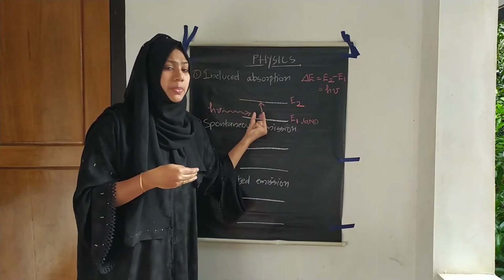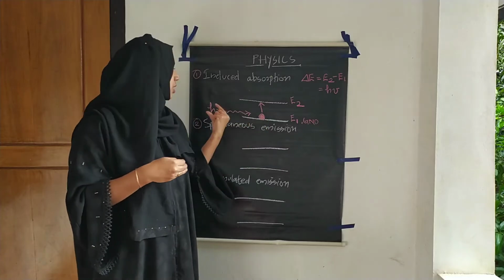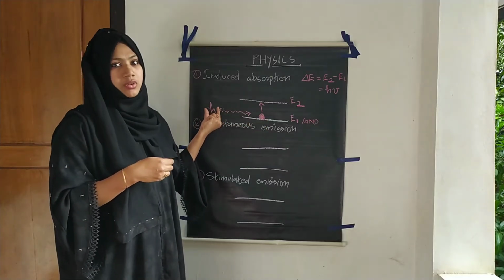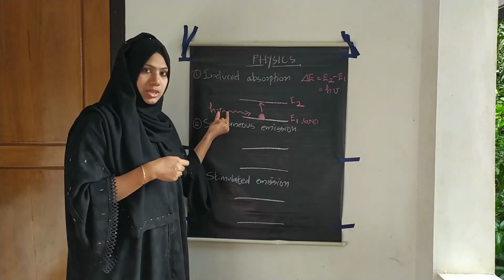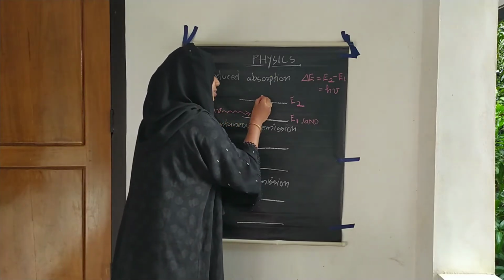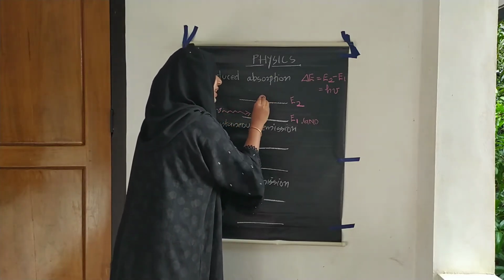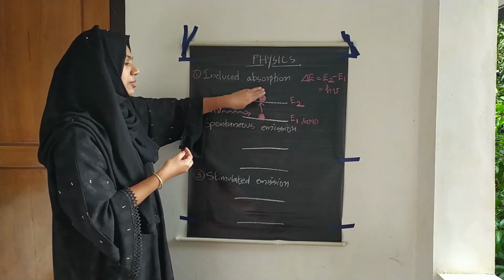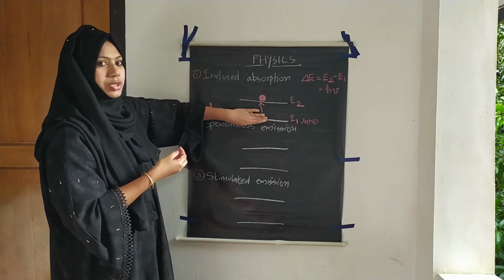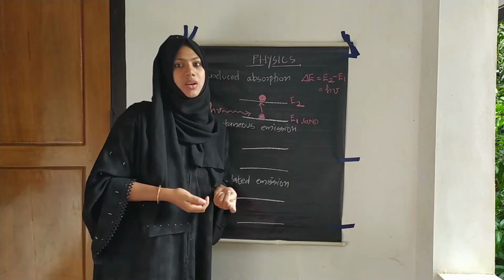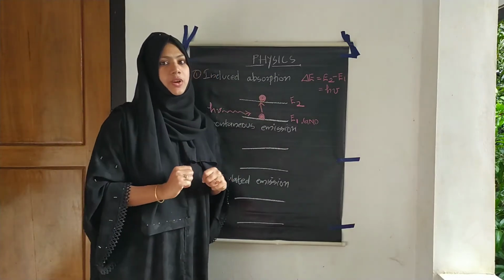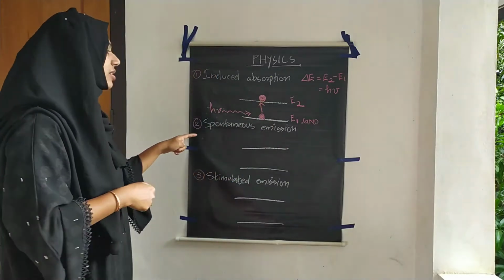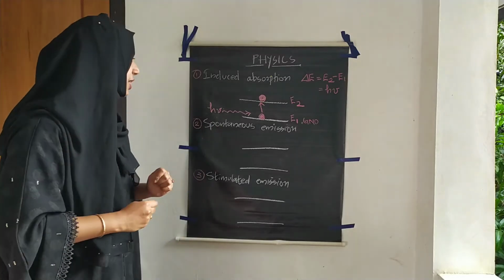As soon as the atom absorbs the photon of energy h nu, it gets excited to the higher energy level E2, and this process is called induced absorption. Now we will see what spontaneous emission is.